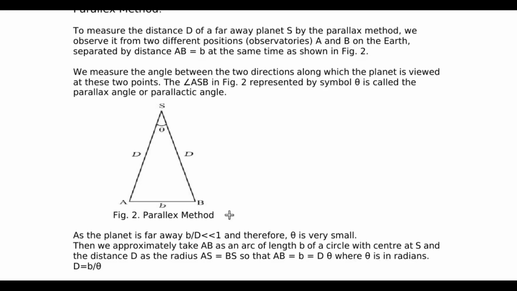So we could calculate capital D equals small b upon theta. Using the parallax method, we can calculate the distance between two planets, capital D, by the formula b upon theta.